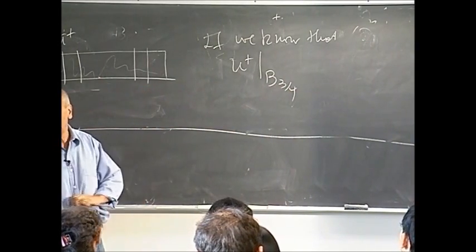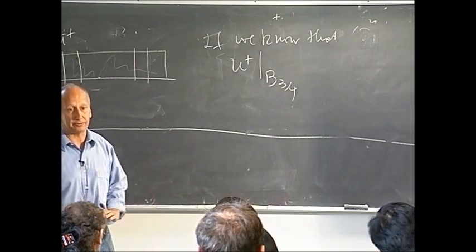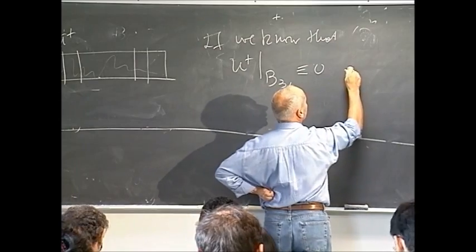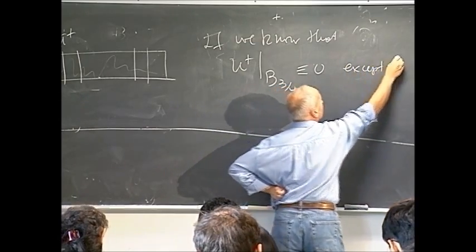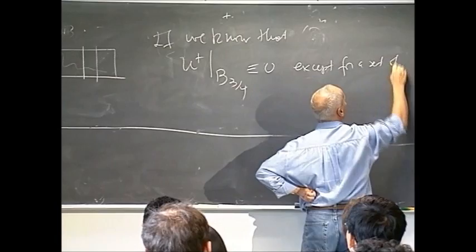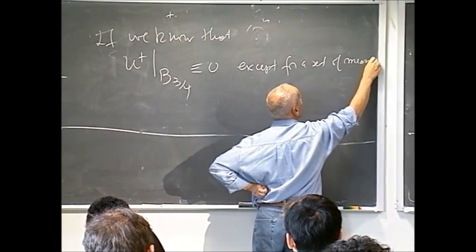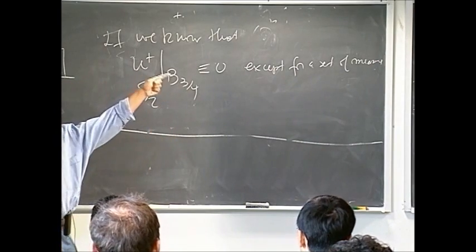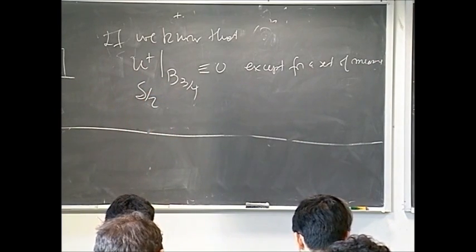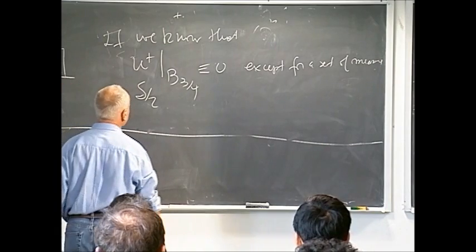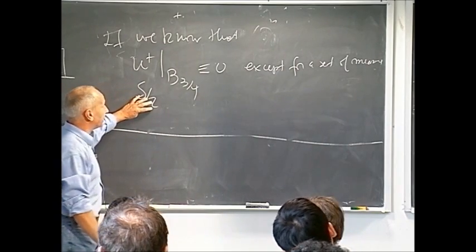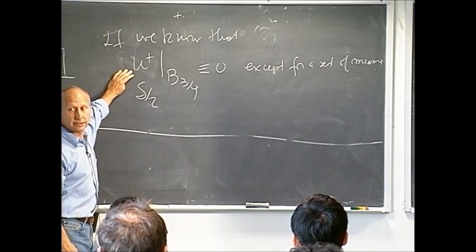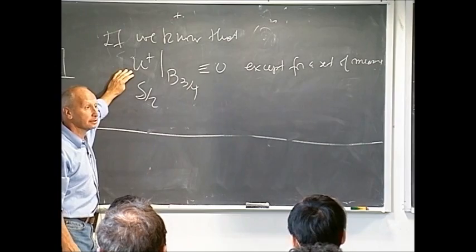It's 0 almost all of the time, right? It's identically 0 except for a set of measure delta over 2, where delta is the delta of the previous lemma. Okay? Then the previous lemma tells me that restricted to the ball of radius 1/2, u plus is less than 1/2, and I'm done. Okay?